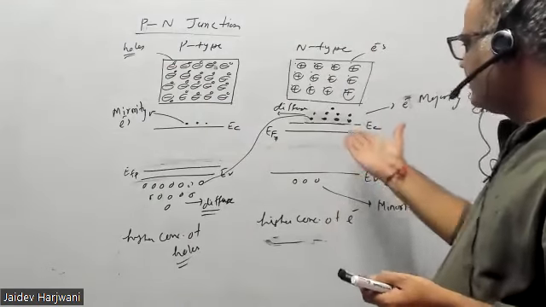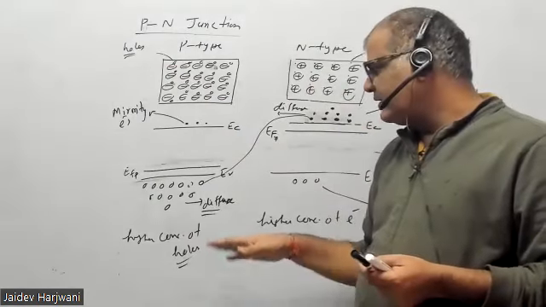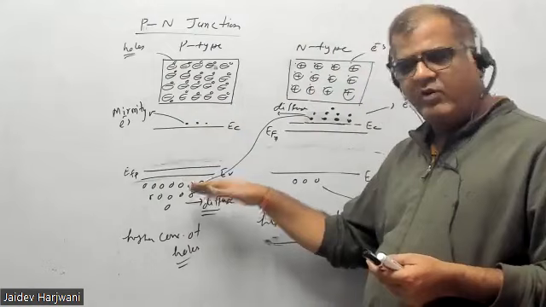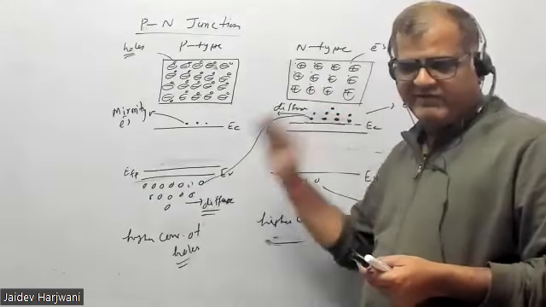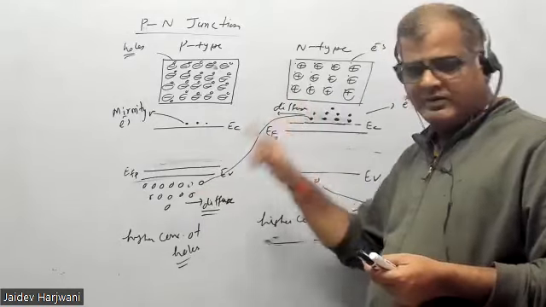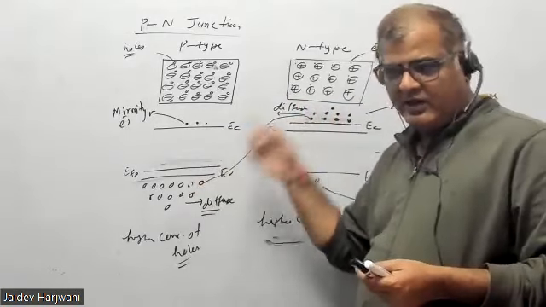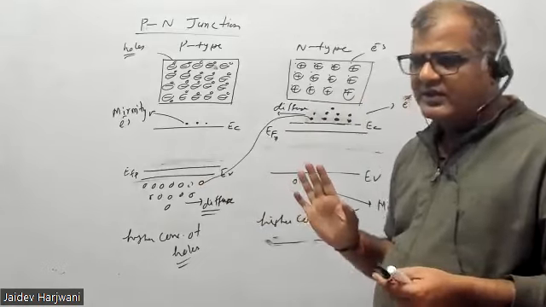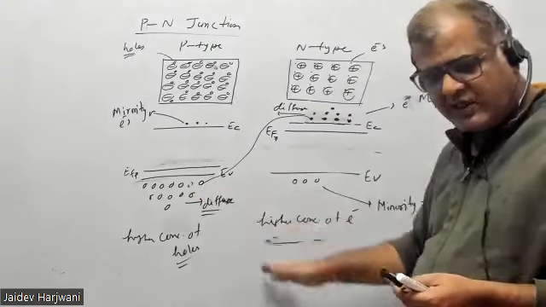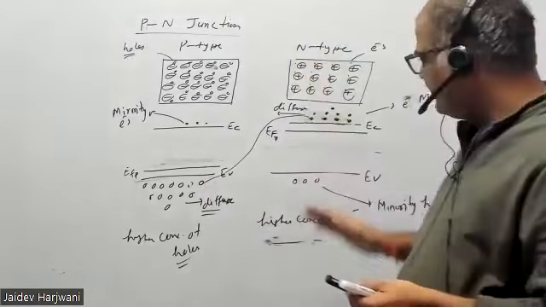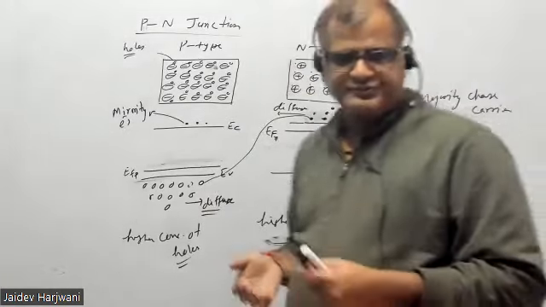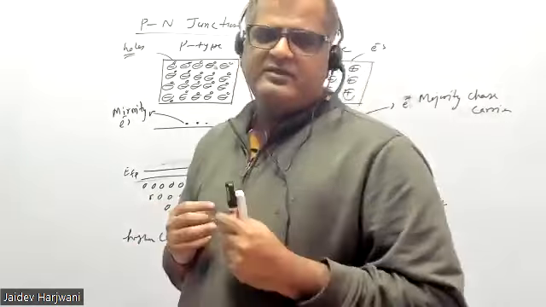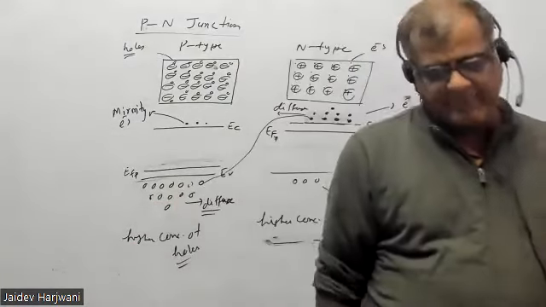So electrons can always go from a higher level to a lower level, and holes can always jump from a lower level to a higher level, because the hole's energy decreases when it goes up. You have to understand it this way in this energy diagram. Whenever holes want to go down, they cannot. Whenever electrons want to go up, they cannot without a push. Automatically, this transport is not possible.